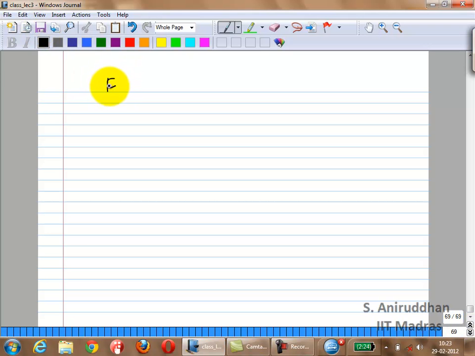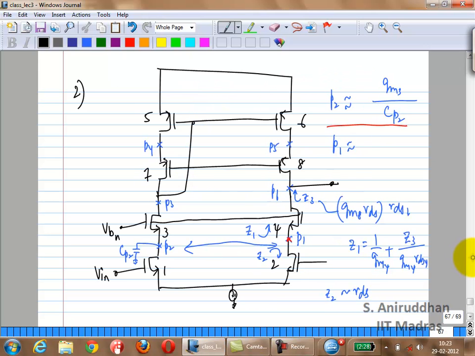Okay, so let's look at the folded cascode. So is everything about the telescopic clear? Any questions on the telescopic? Okay. We have looked at this folded cascode idea before. The basic idea is, what do you do in a normal cascode?